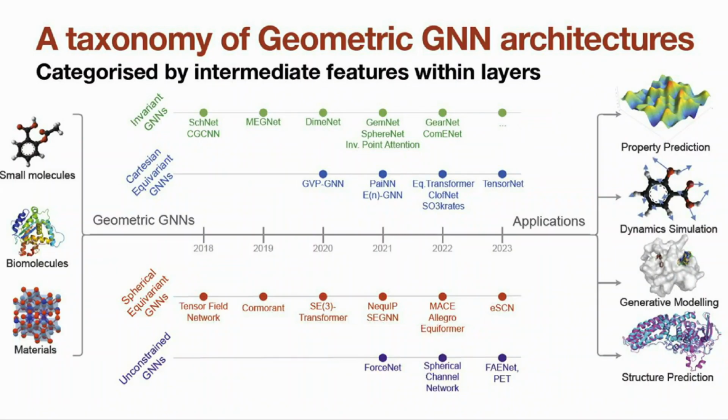So geometric deep learning is actually a very deep and complicated field of study. I assume maybe most of you may not be going into research in this realm, but I just want to give you a high-level picture of how complicated the landscape has become in the past few years. I think it all started with the tensor field network, which is quite early work, but it's very powerful geometric deep learning that learns the equivariance using spherical tensors.